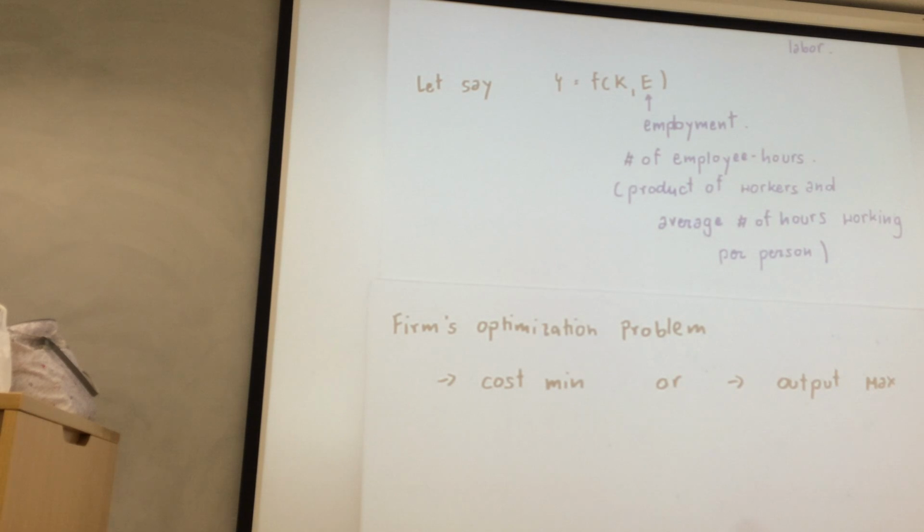But first of all, the thing that we normally do when we talk about firm problems is say that there are two types of input for a firm. We have capital and we have labor, right? In this case, it's hours of employment, how many hours a worker puts into the production. We have to talk about long run and short run.